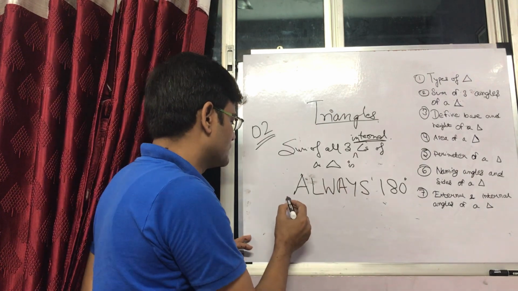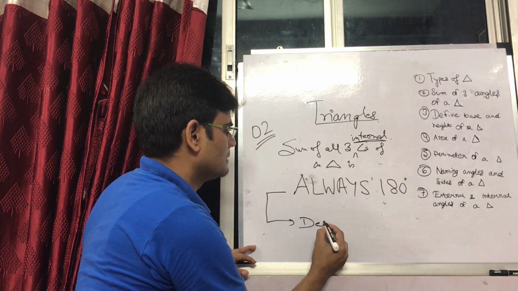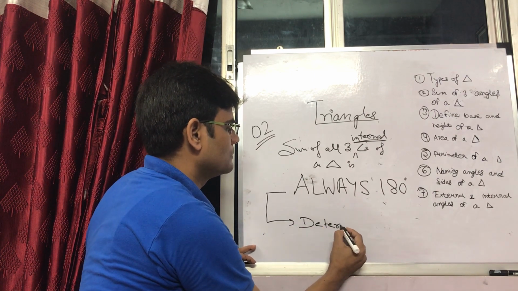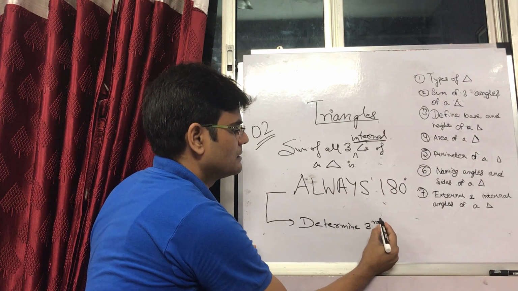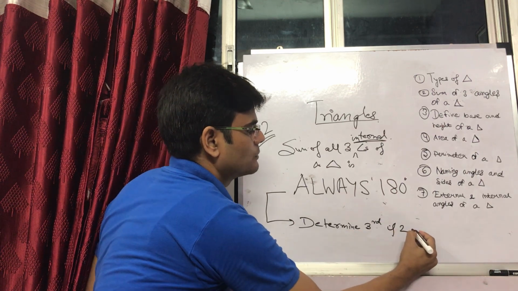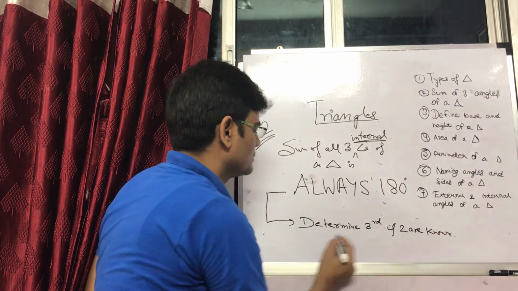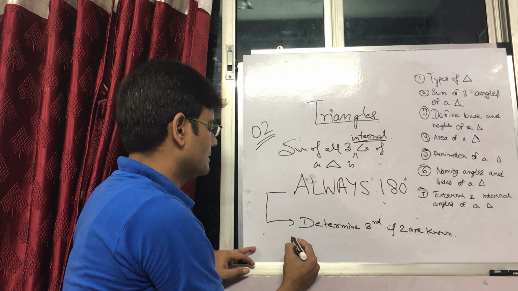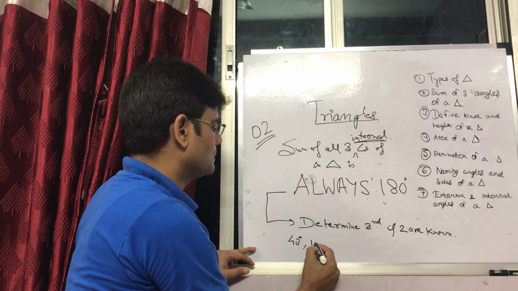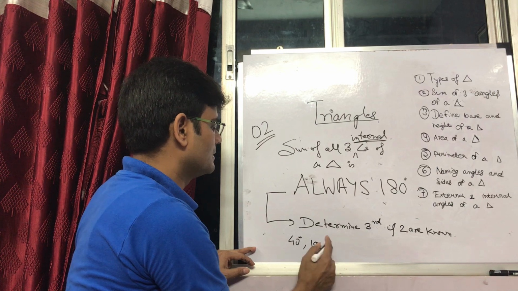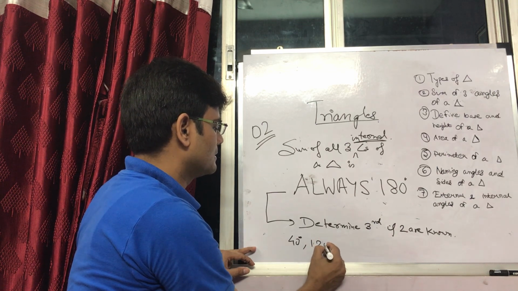This helps you to determine the third angle. If you know the first two angles, you can determine the third if two are known. So if one is say 40 degree, second is 100 degree, and say 20 degree.